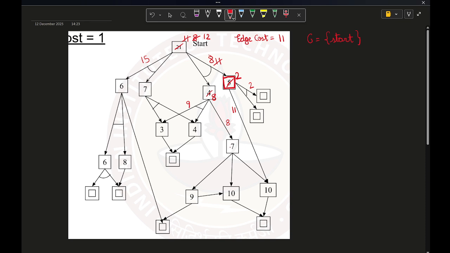Now this 7 goes to 3 places, all 3 are OR nodes. 9, 10, 11. So this is 10, this is 11, and this is 11. We pick this one because that's the least cost. So now this becomes 9. We explore, 10, oh yeah, 10, sorry.